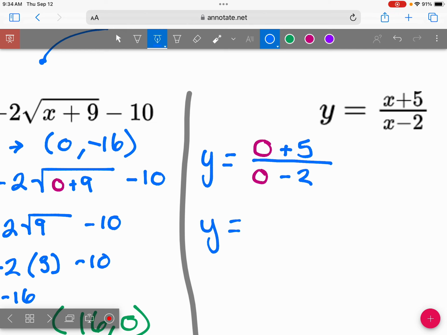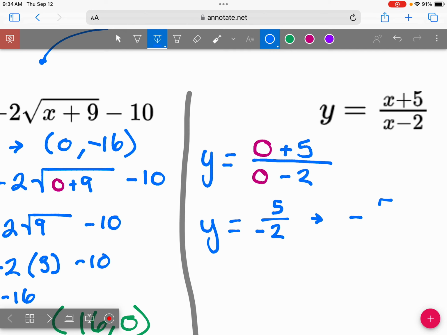So what's our y going to equal? -5/2. 0 plus 5 gives me 5. 0 minus 2 gives me -2. If you write it like that, totally fine with me.